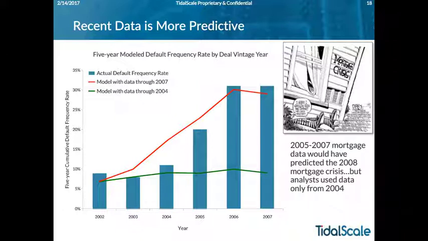And the prediction you would have made based on the model data, right, based on either 2002 through 2004, or if you were able to look at the data from 2002 through 2007. And here is where we see that a lot of people in the industry, their model did not include the most recent data. They didn't have the ability to fit it into systems and accurately model what was going on.